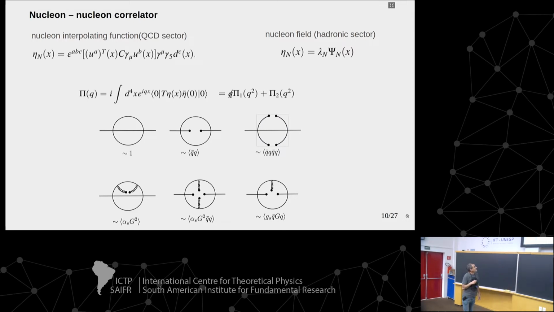So in vacuum, the correlator can be separated into one part proportional to Q squared times the slashed momentum, and a second part proportional usually to the mass. The kind of diagrams that participate here are the perturbative, quark condensate, two pairs of quarks, and the gluons. And the mixed one is 0 in this case.